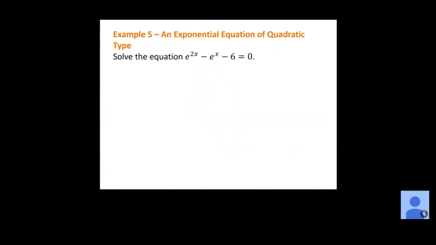All right, so let's take a look at this equation now. What's different about this equation compared to some of the other ones we've looked at so far?